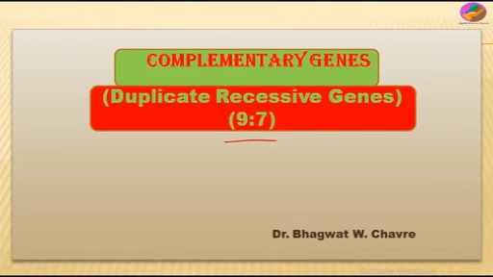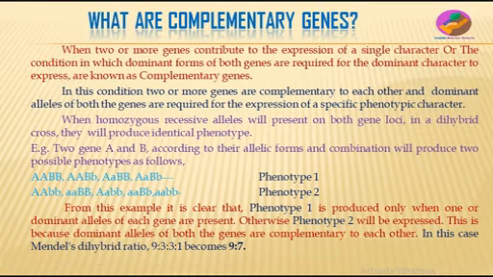So let us see what complementary genes are. When two or more genes contribute to the expression of a single character, and the dominant forms of both genes are required for the dominant character to express, they are known as complementary genes.